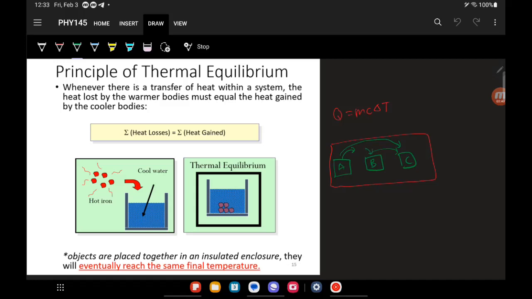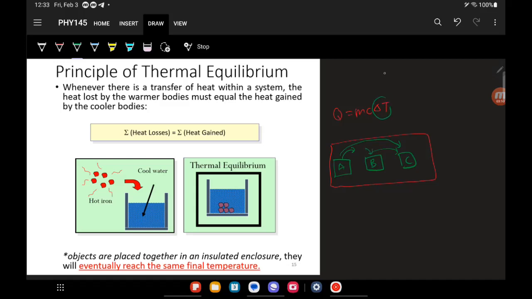This equation is so profound in such a way that it will tell us whether an object will absorb energy or lose energy, to gain heat or lose heat, simply by the temperature change.